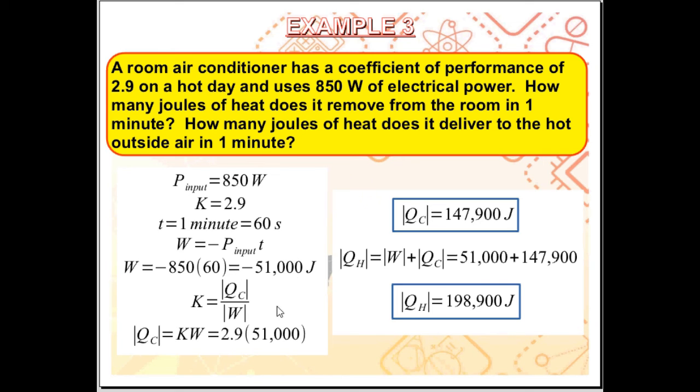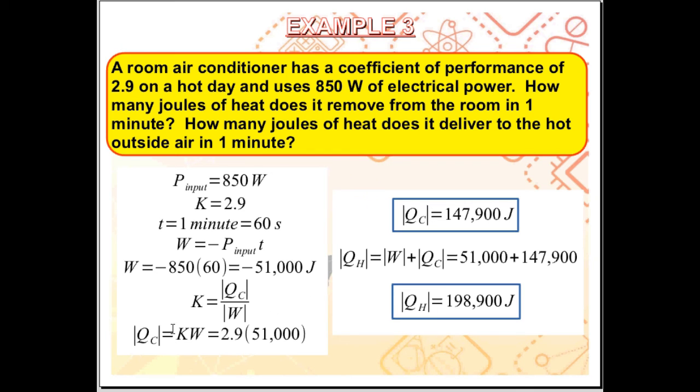The equation for the coefficient of performance is given by K is equal to the absolute value of QC divided by the absolute value of W. We are able to calculate QC because we know K is 2.9 and we know the work done, which we have just calculated.